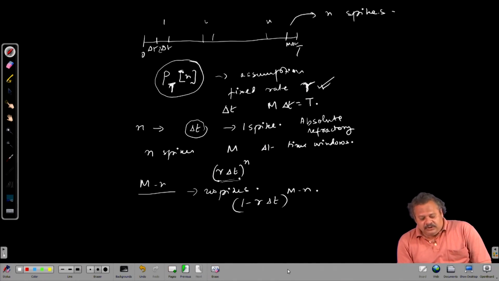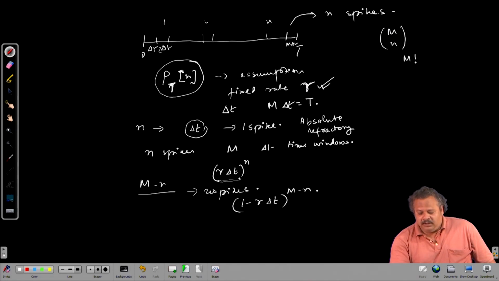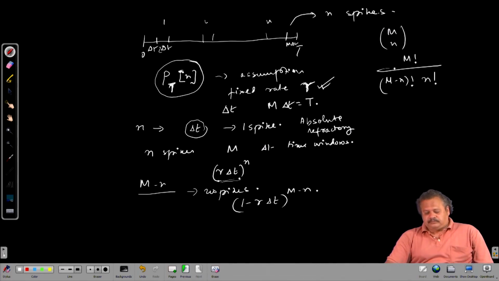And the way we can choose those n spikes or n bins is simply m choose n, which is nothing but m factorial divided by m minus n factorial times n factorial.